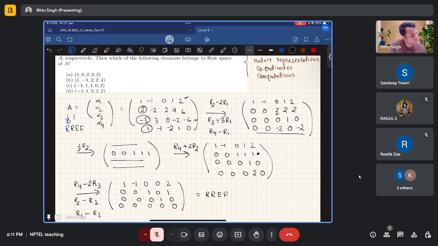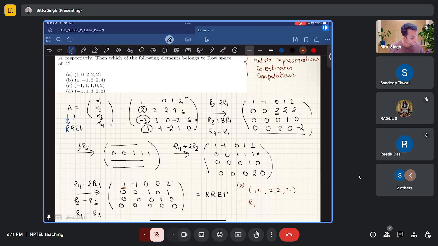So let us see. For example, if you try the first option, 1 0 2 2 2, you can see that only this row contains 1 in the first place. Therefore, it should be 1 times this row, 1 times R1.